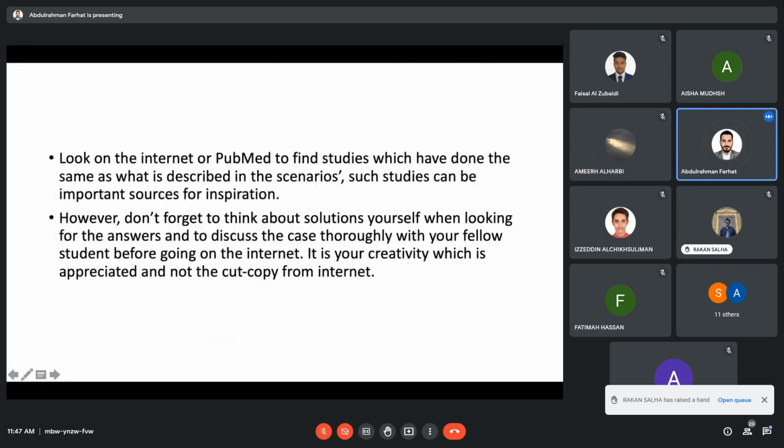These are 2 pieces of advice for you. Once you've taken a scenario, there are 7 or 8 scenarios, read the scenario, look on the internet or PubMed to find studies similar to the scenario, and learn from them. It will be an RCT. Try to learn from them and see what they've done and why they've done it this way.